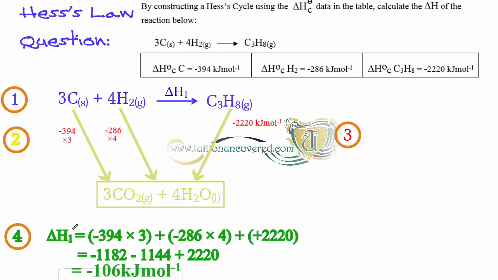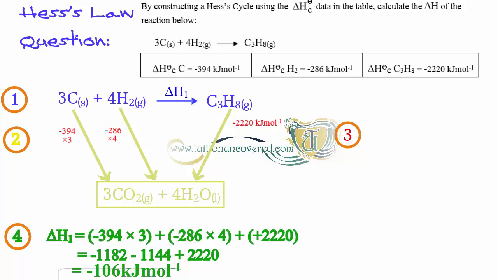Step 4, the calculation for my direct route is simply adding the arrows together. I'm facing the same direction, walking along the same direction for those arrows. I haven't changed the symbols, but going against this arrow, I've changed the symbol. I end up at propane. Down there, up there. Straightforward. Gives me this calculation and this result.